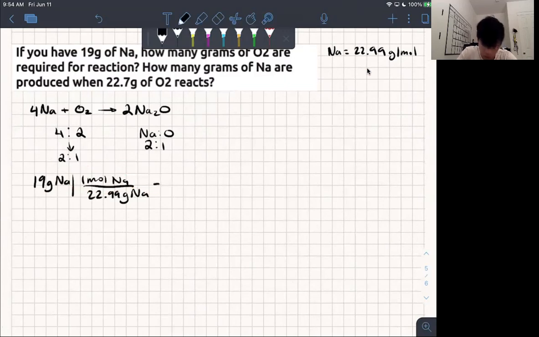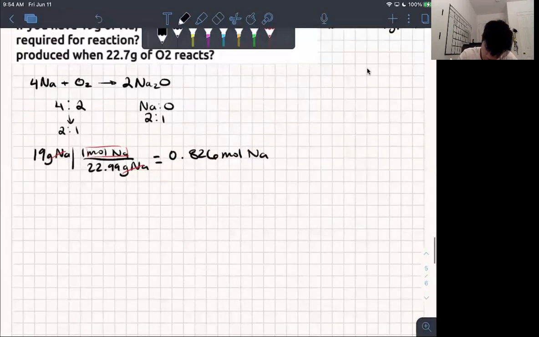Then you do the math: 19 divided by 22.99, and these units cancel, grams of sodium, and you're left with moles of sodium. This comes out to be 0.826 moles of sodium, and then now we need to plug it into the molar ratio.